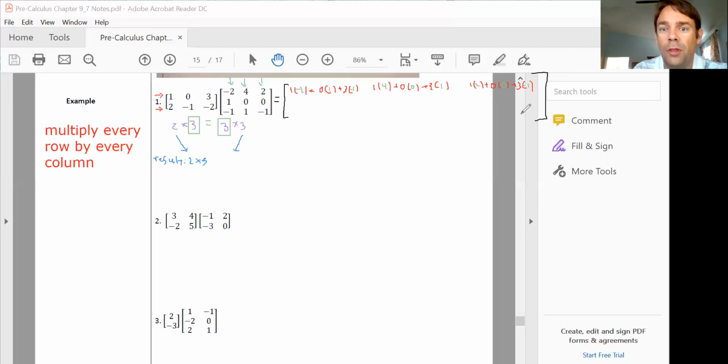So we're going to keep going here now. Now I'm going to do my second row times each column. So 2 times the first entry in the first column, -1 times the second entry in the first column, and -2 times the third entry in the first column. And again, we already know what those are because we have them right above.